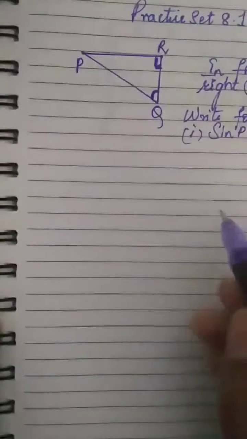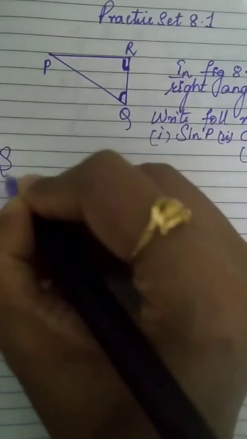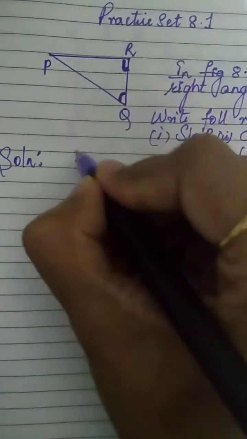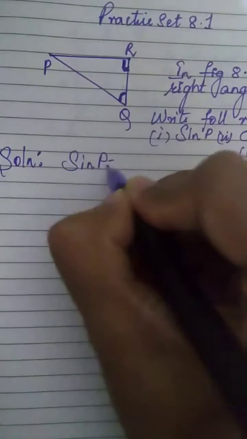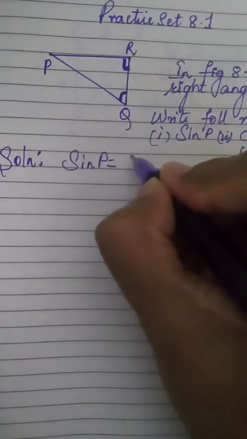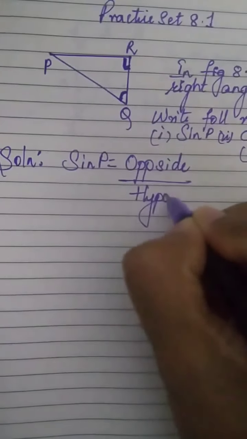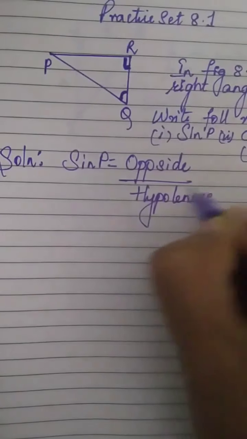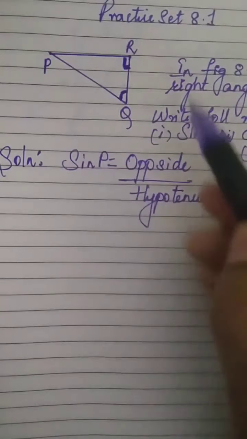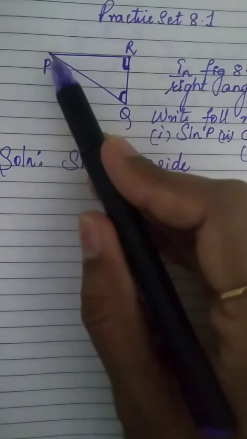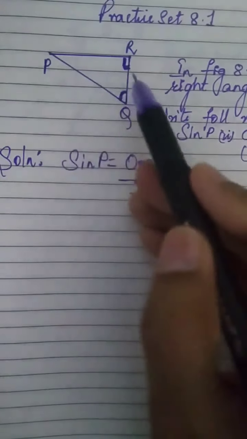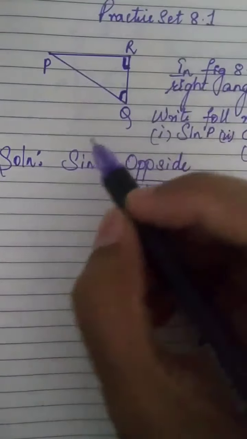Sin P. Let us write the formula first. Solution. Sin P is equal to, sin means O, that is opposite side upon hypotenuse. Now we have to see where is angle P. Angle P is this angle. The opposite side is RQ.